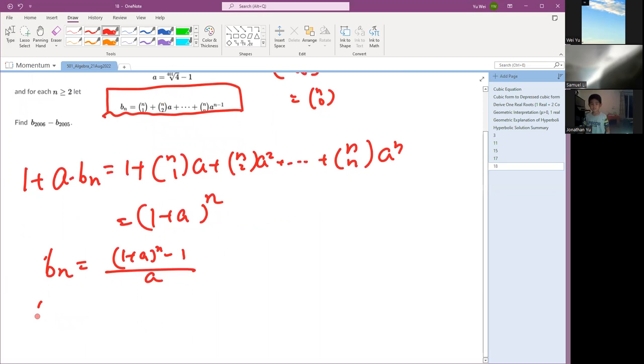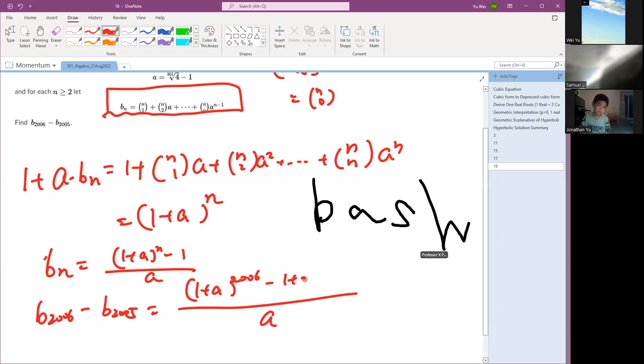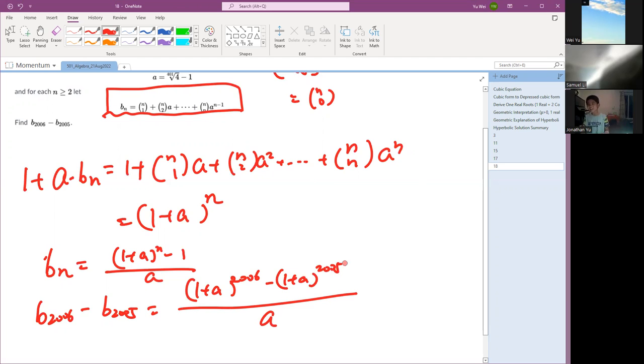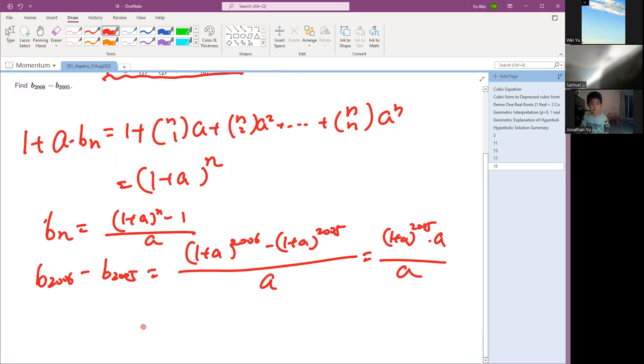Now let's do B 2006 minus B 2005. That is (1 plus A) to the 2006 minus (1 plus A) to the 2005, which is equal to (1 plus A) to the 2005 times A over A. Is that right, Jonathan and Sam?